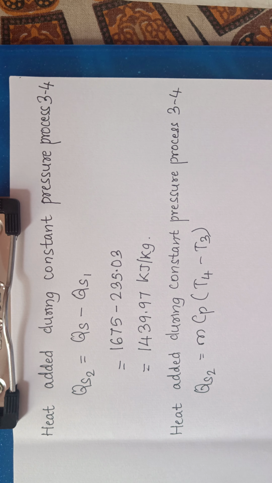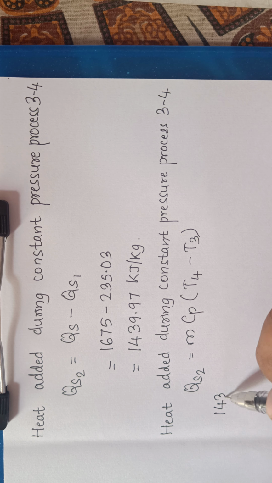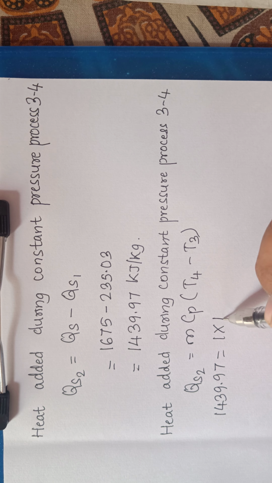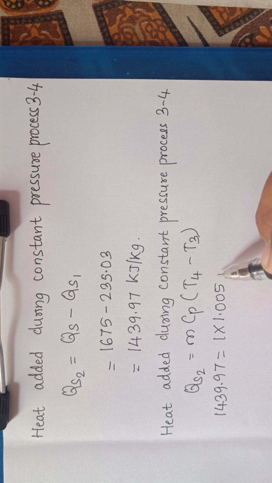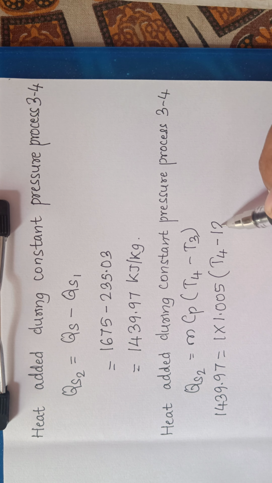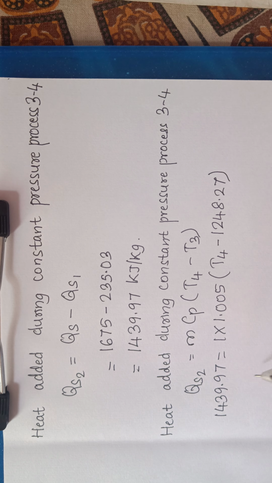M is per unit mass, and you have got the value of QS2, it is 1439.97. Mass is 1, Cp you know it is 1.005, and T3 is 1248.27 degrees Kelvin. So calculate the value of T4.